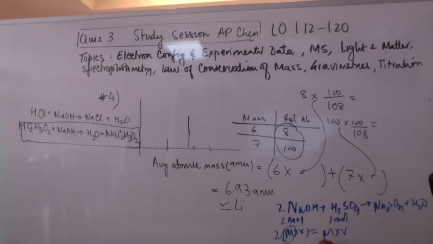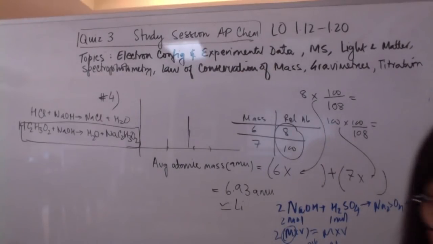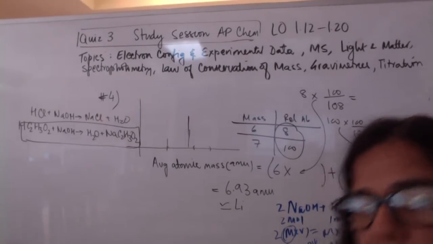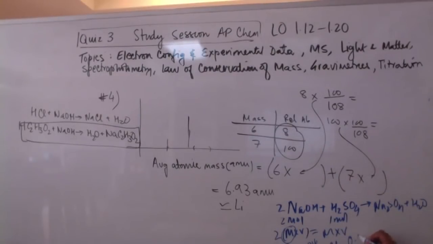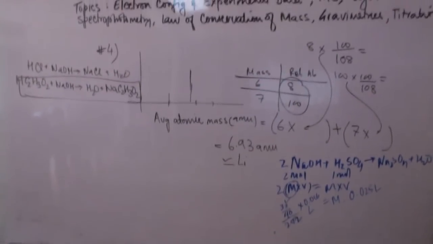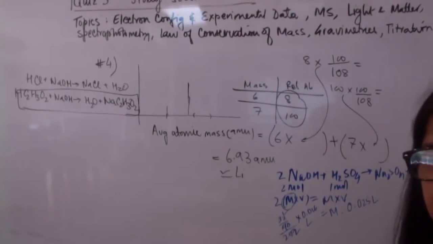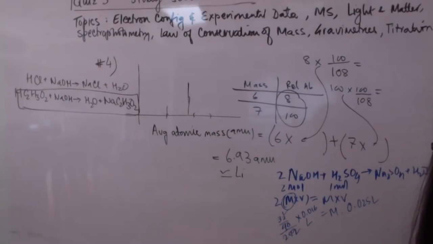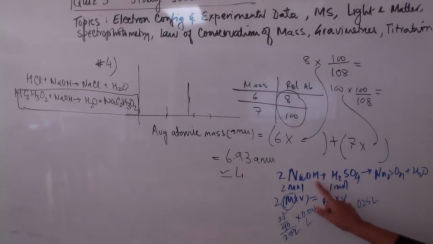And its volume, you use 0.016 liters. What is the molarity if you used 25 mL? So 0.025 liters. And that's how you can get it. You are welcome. One thing that's different here is the mole ratio is 2:1 versus 1:1.